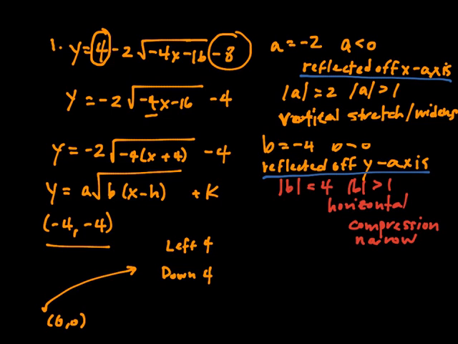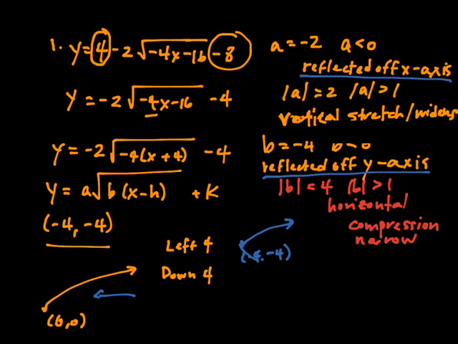So we started out here like that with that parent function, and then we went to this with a new vertex, -4, -4. And then when it gets reflected off of the x-axis, I need more room. Okay, let's go ahead and draw it up here. Okay, so here is the function with the vertex at -4, -4.